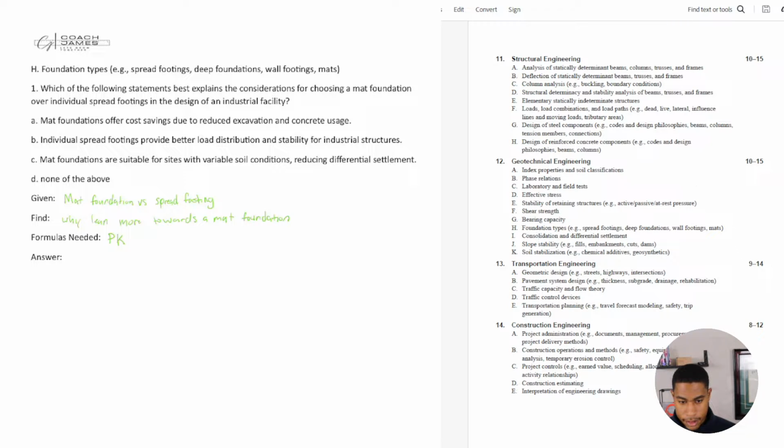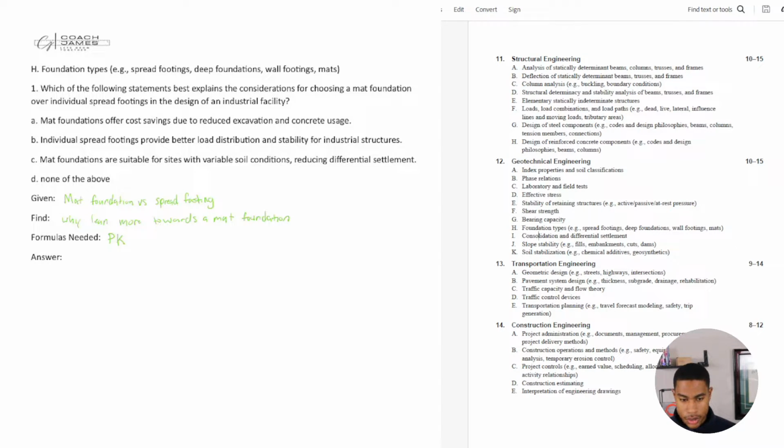Mat foundations are also effective in minimizing differential settlement. You don't want a bunch of different settlement and breakage as you're trying to keep your soil compact. So mat foundations are going to help with that, and this is really crucial for avoiding uneven settling that can lead to structural issues.